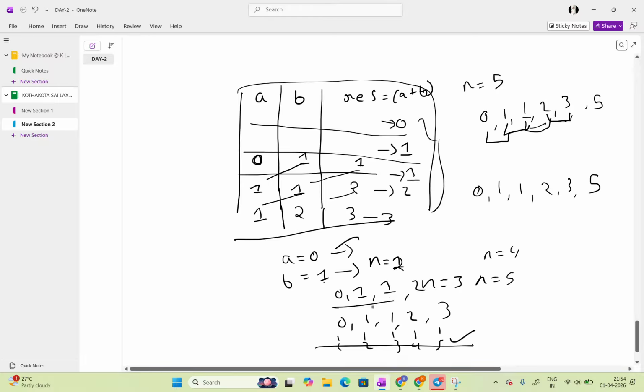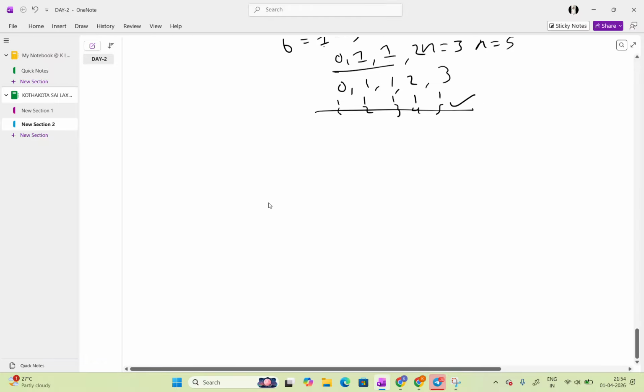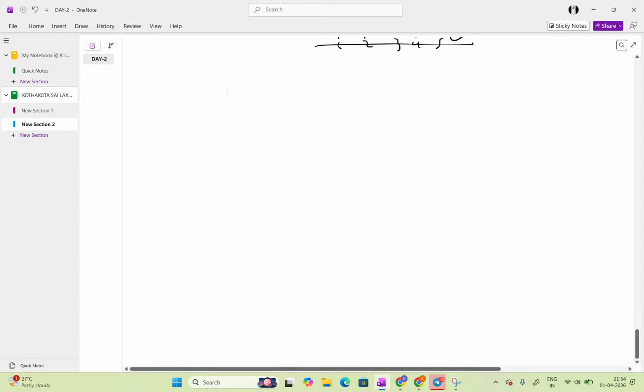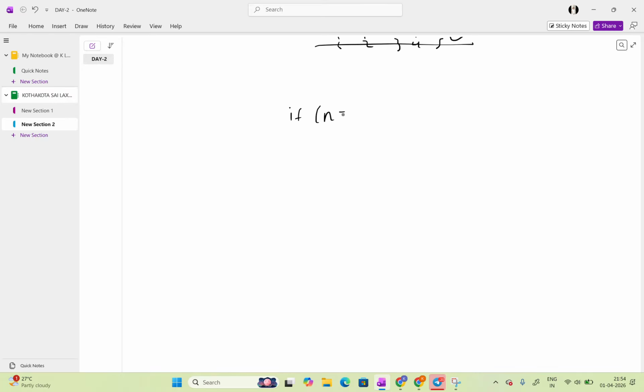Okay, so I'm going to write the code, and you'll get good clarity. I'm going to write a base condition: if n is equal to 0 or n is equal to 1, I'm going to print 1.